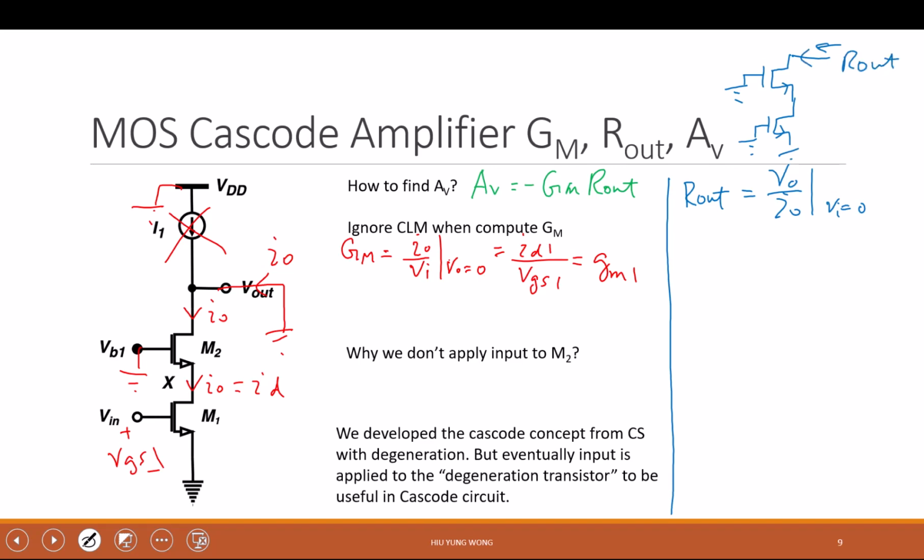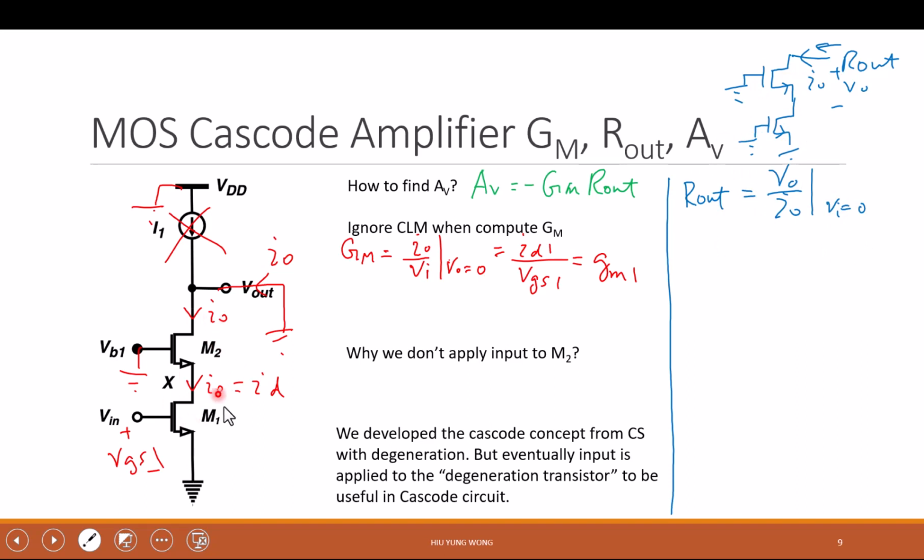This is I out, and this is V out. Is this okay? Why is this grounded? Why is M2 grounded again? The gate? Constant VB1. Very good. Because it is a small signal. Why is M1 input grounded? Gate? By definition.